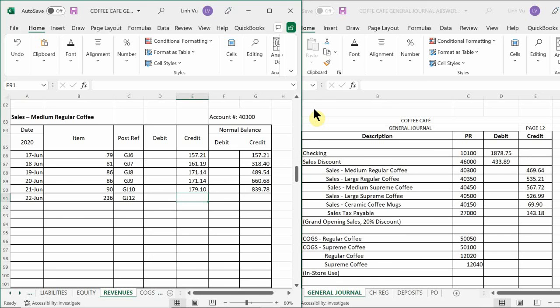For how much? So what's my ending balance? $1309.42. 1309.42. Good.